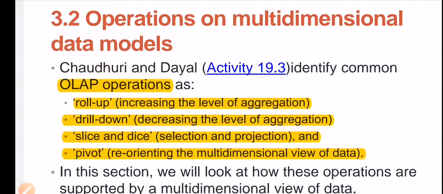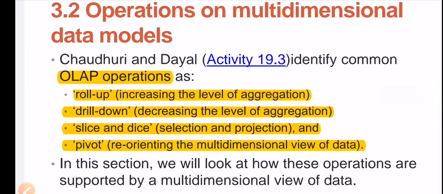The common OLAP operations are roll-up, increasing the level of aggregation; drill down, decreasing the level of aggregation; slice and dice, which is the selection and projection process; and then the pivot, or reorienting the multidimensional view of data. We are going to talk in some detail about the first three operations.